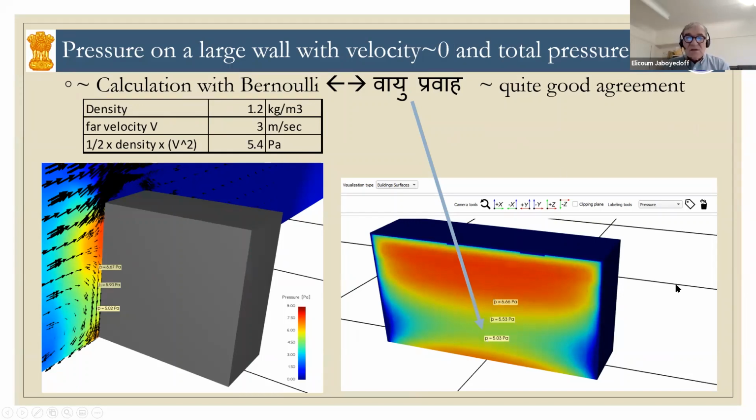This is not a demonstration, it is only to show that at some point you can use the Bernoulli equation to get confidence that the software is calculating quite correctly.